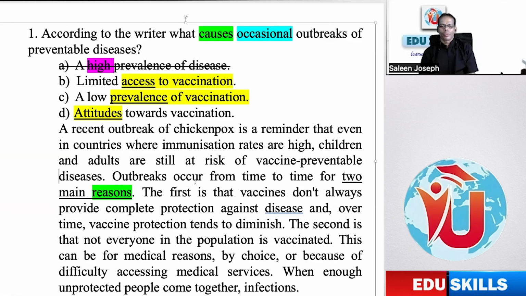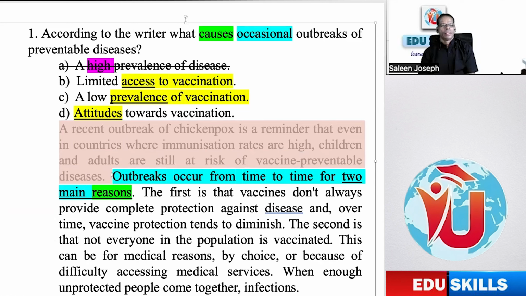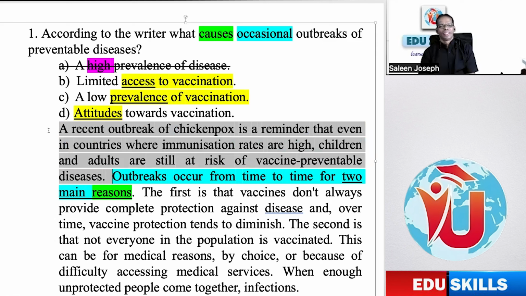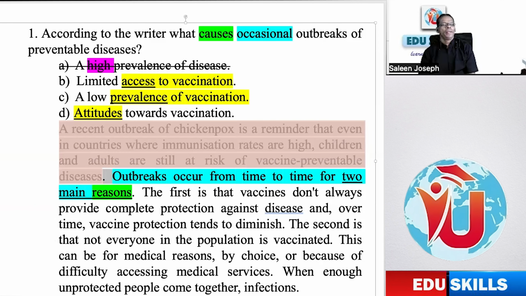They are speaking about outbreaks occurring from two main reasons, so the reasons come after that. You should not waste your time reading the things at the beginning. This is not relevant for the answer. Okay? Do you get me?